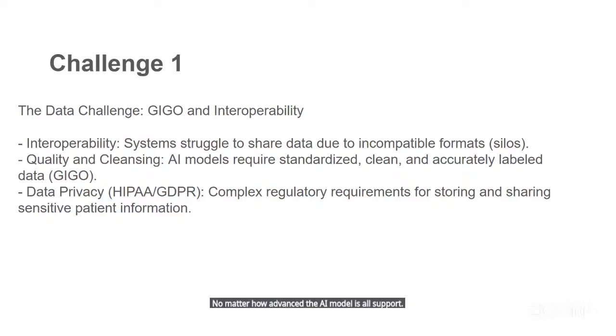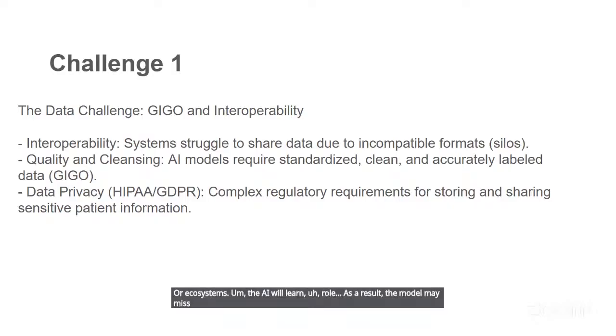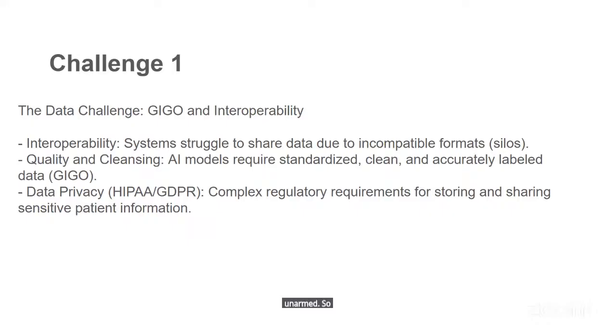So, for example, imagine training an AI model to predict sepsis risk. If the data contains missing vital signs, incorrectly labeled diagnoses, or inconsistent time stamps, the AI will learn wrong patterns. As a result, the model may miss high-risk patients or generate false alarms. So that means advanced algorithms cannot fix bad data.